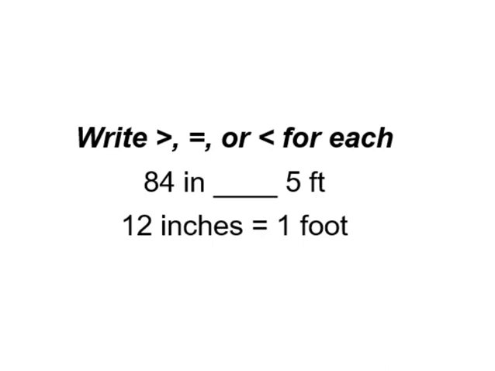For this next section, we are given two measurements. We have 84 inches and 5 feet, and what we're trying to find out is if this is greater than, less than, or equal to. So what we're going to do is convert inches to feet. We know that 12 inches is equal to 1 foot.